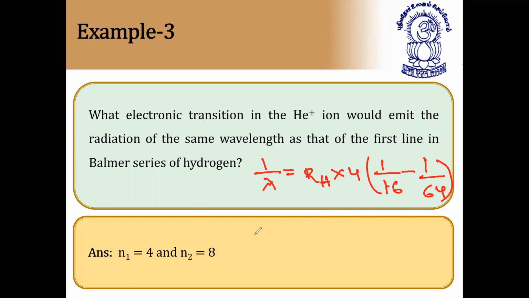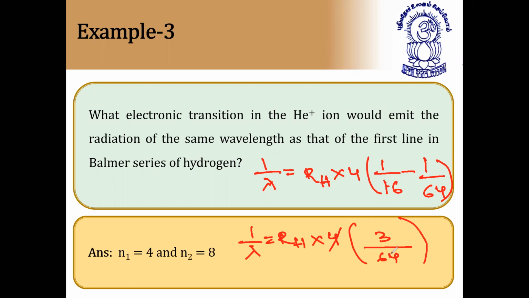The LCM of 16 and 64 is 64. 16 goes 4 times, 4 minus 1 is 3 by 64.